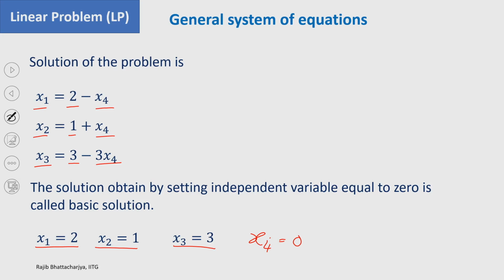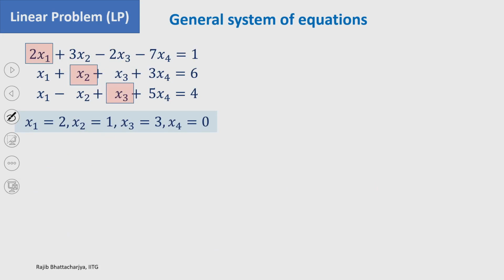We have considered x1, x2, x3 as basic variables and x4 as a non-basic variable. So what solution am I getting? x1 equal to 2, x2 equal to 1, x3 equal to 3, and x4 as a non-basic variable, thus the value is 0.